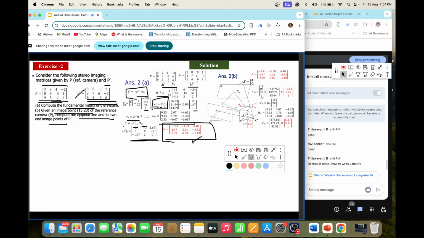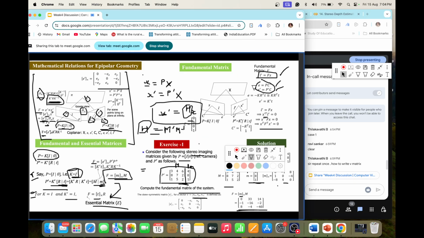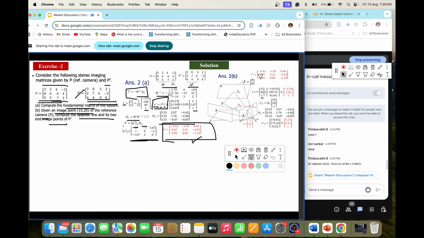So L dash equals F into this image point. That is how you can find the L dash, not L, rather you can call it L dash because it is the right epipole. So L dash is F into x, you can find this.